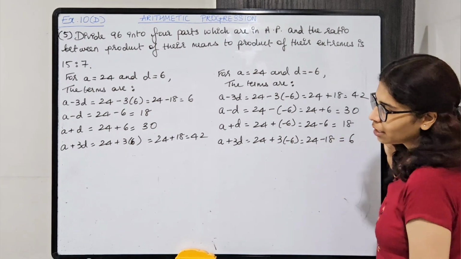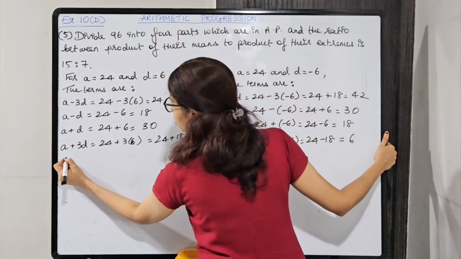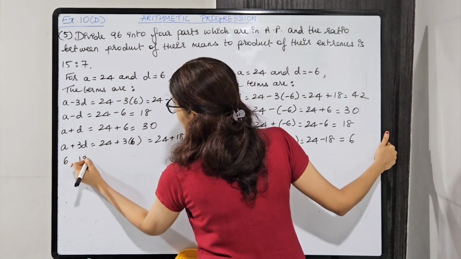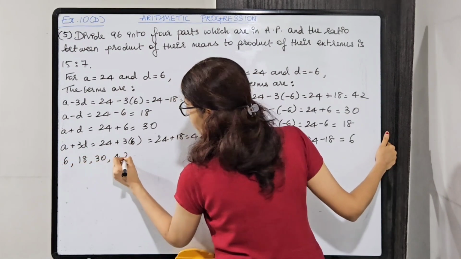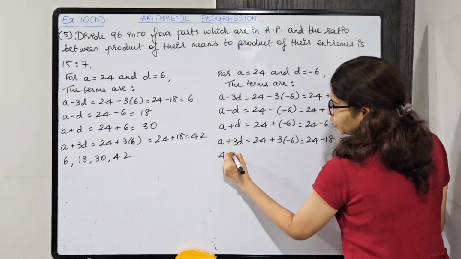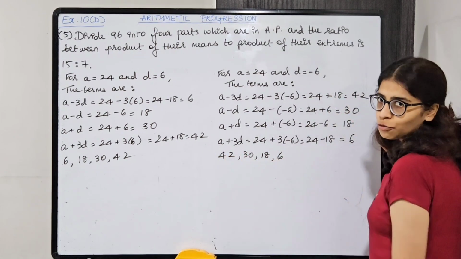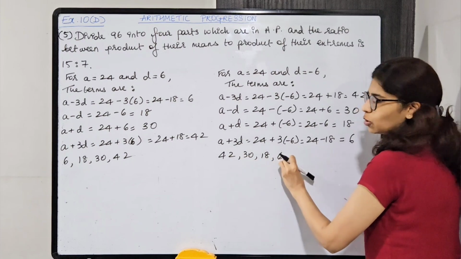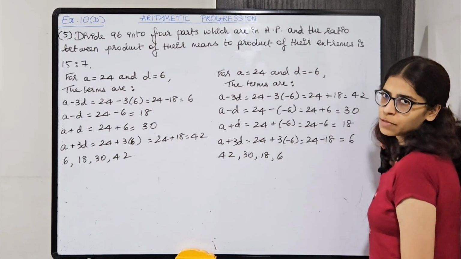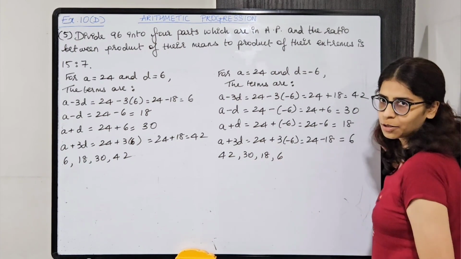Okay. So here the terms are 6, 18, 30, 42, and here we are getting 42, 30, 18 and 6. The difference is 12. Add all the terms, and you should get 96. So your answer will be correct. Okay.